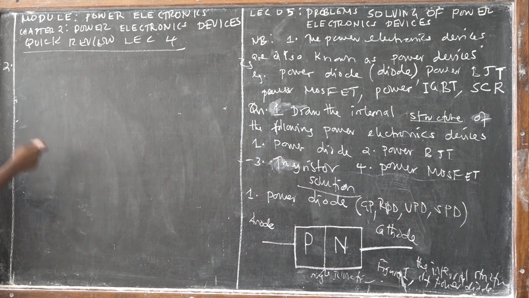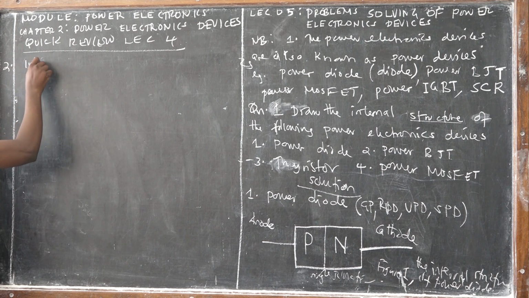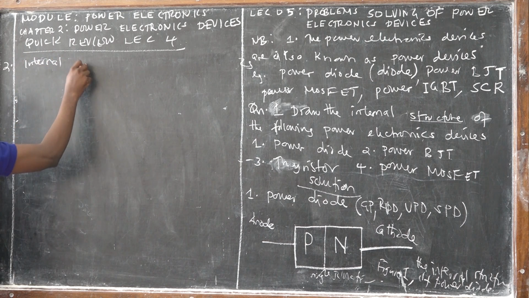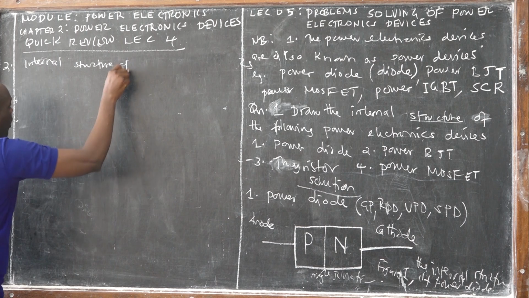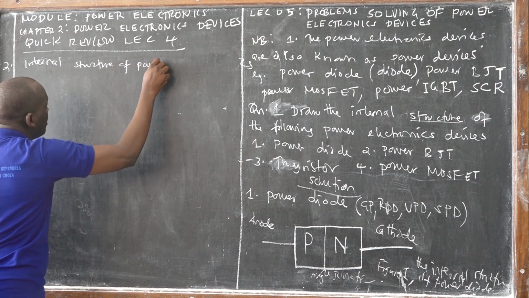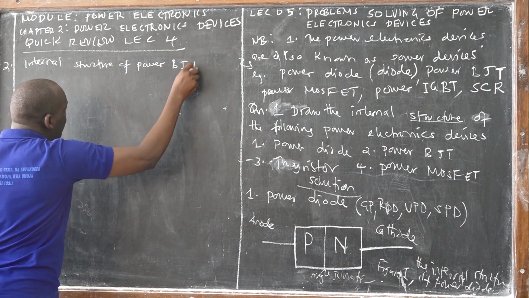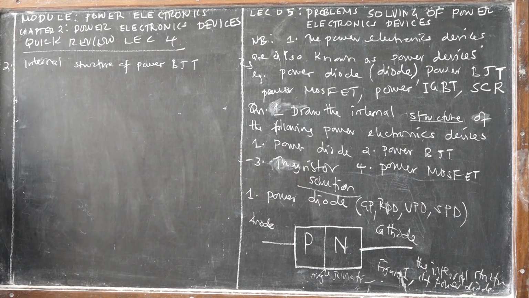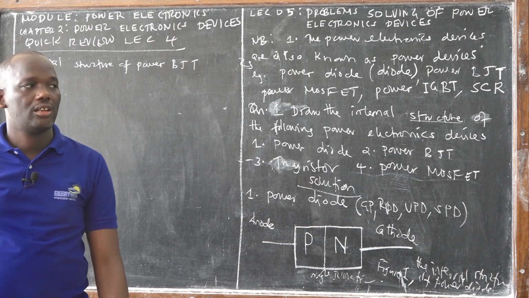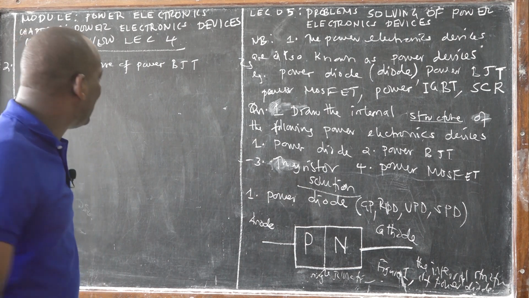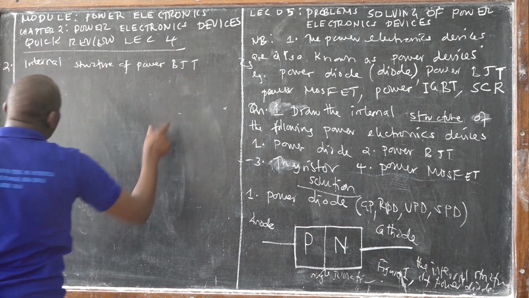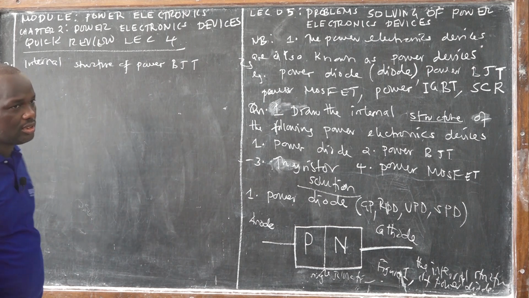Then number 2, we have been asked to draw the internal structure of power bipolar junction transistor. So this is still general. Why? Because we have two types of bipolar junction transistor.